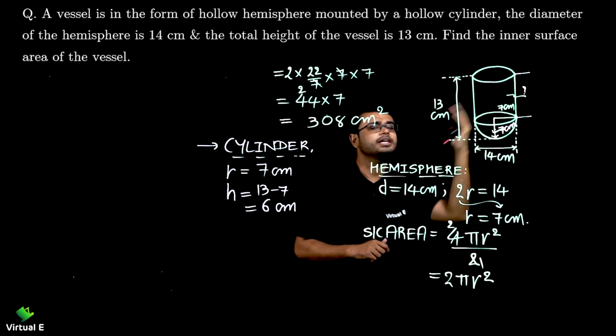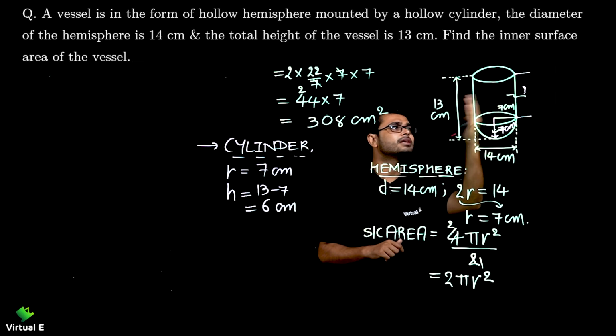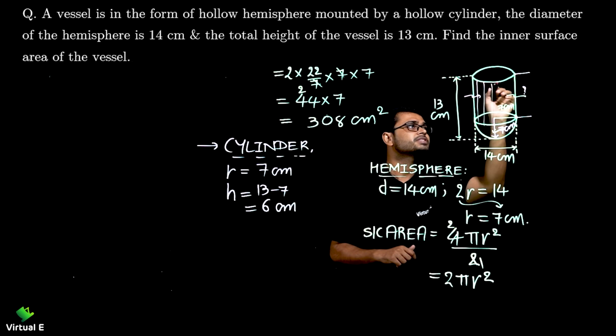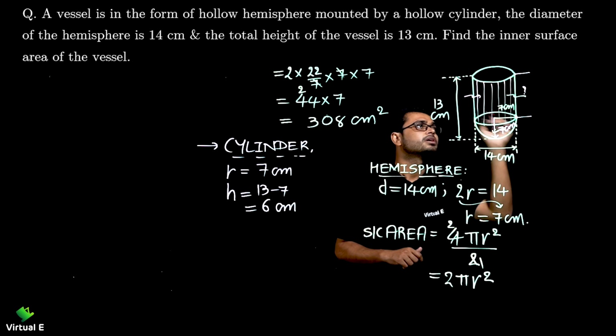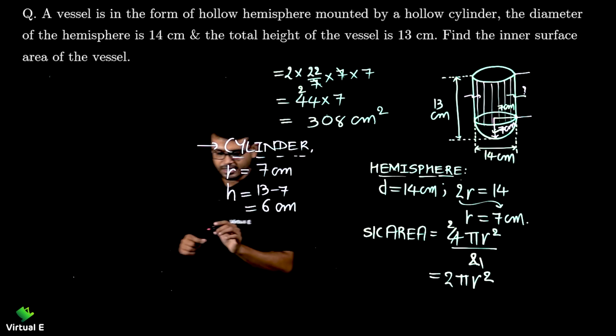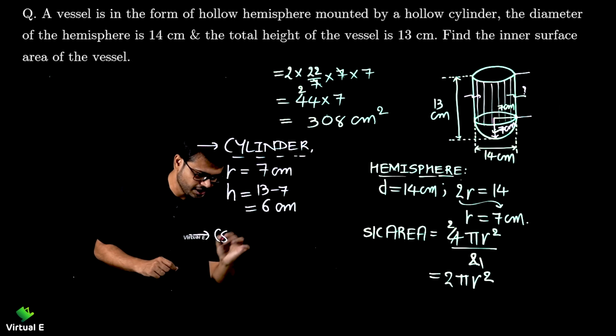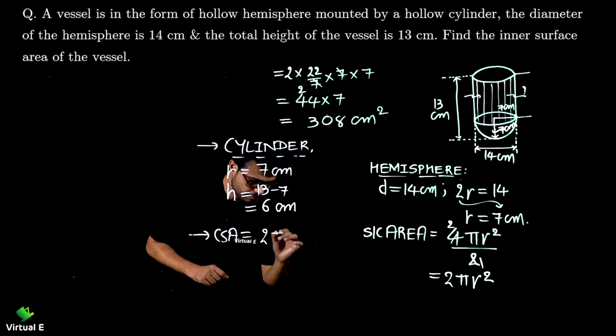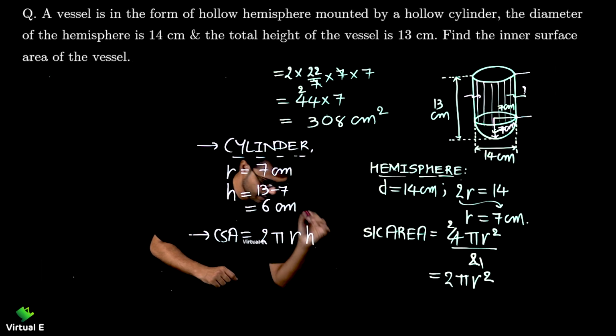So we want to find the inner surface area, and it has a curved shape. So we need to find only this area, which is the curved surface area. Remember, which is curved surface area. So let's find CSA, what's the formula? 2 pi r h.